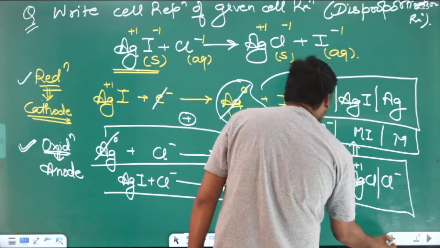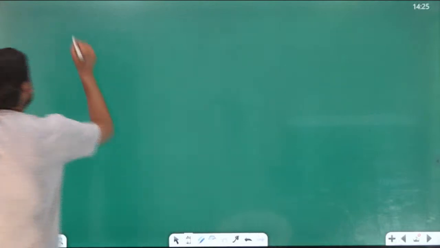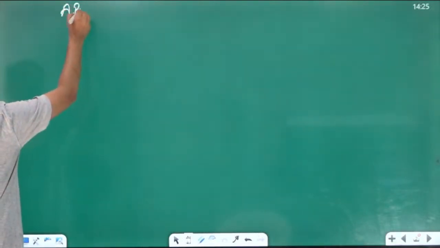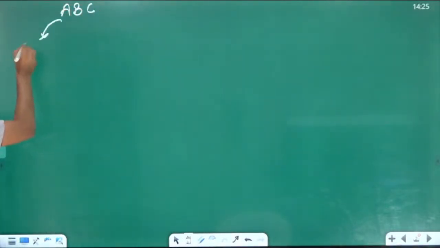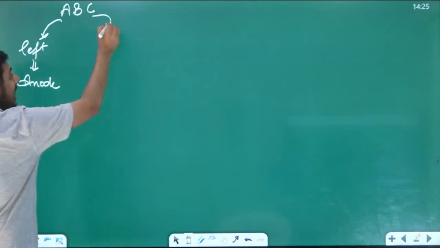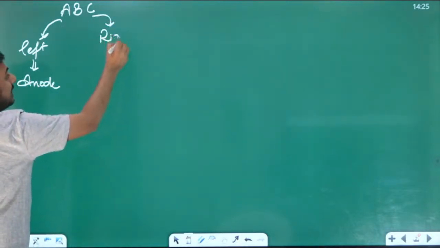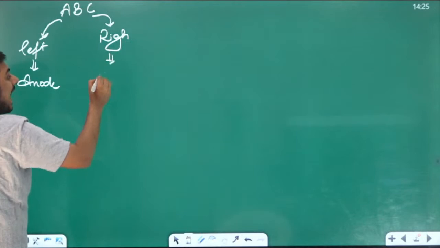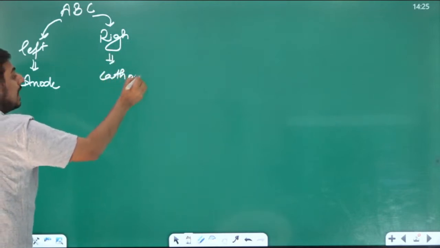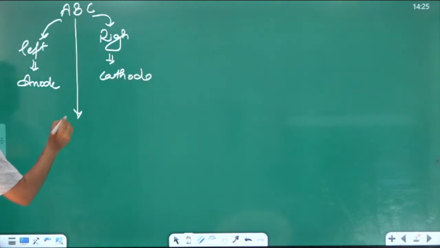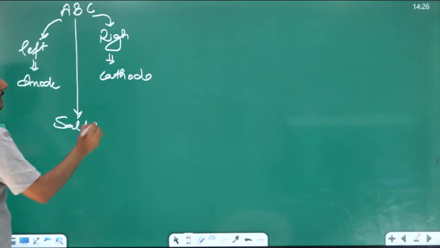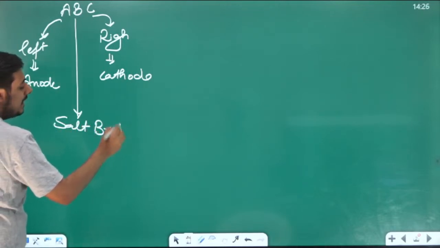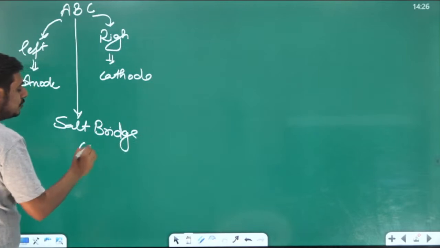And we can now write down the cell representation by simply using the rule of ABC. On the left side I will represent anode, on the right side I will represent cathode, and in between them I will represent salt bridge. Salt bridge is represented by two parallel lines, two parallel pipes.